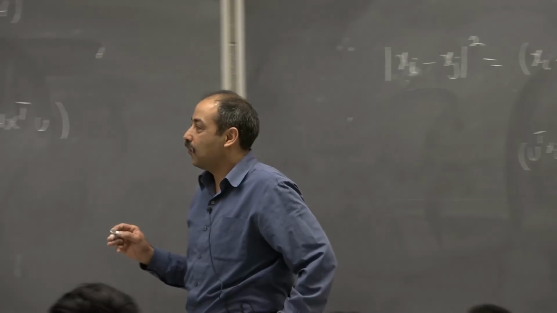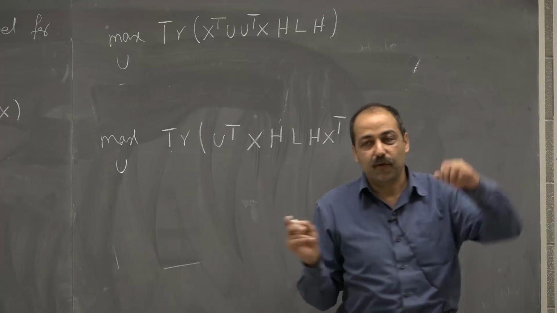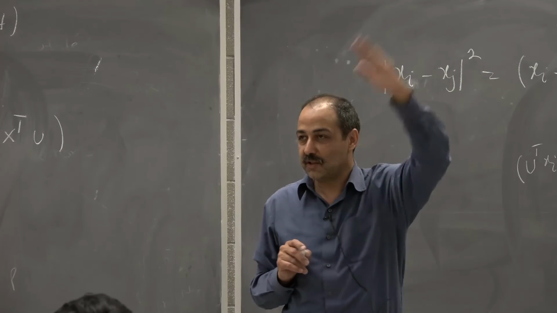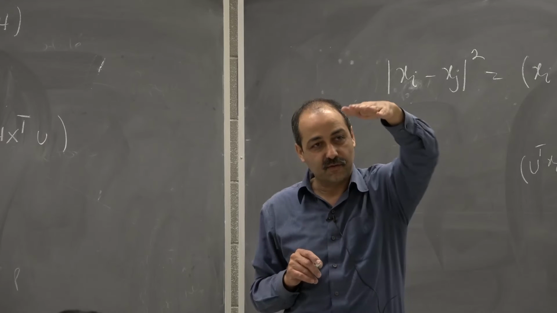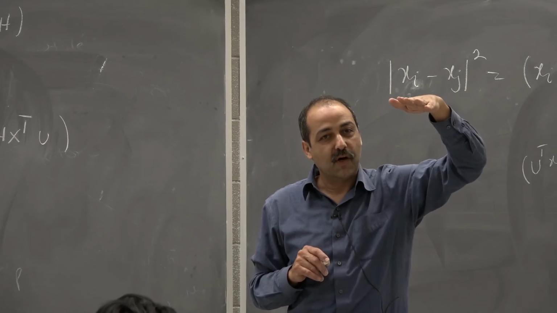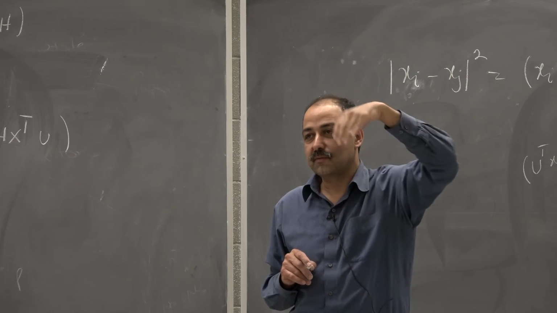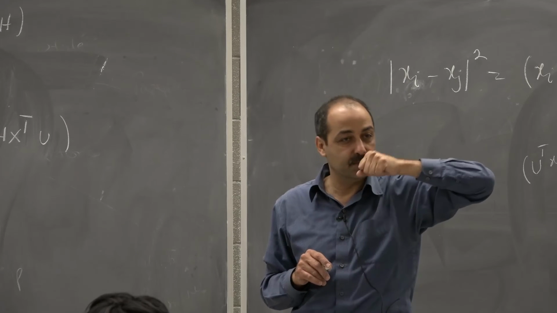We have a problem similar to the problem that we had in PCA. If you remember, in PCA we had two degrees of freedom. One was the direction of U, and the other one was the length of U. We could choose U arbitrarily large in terms of length, which could make our objective function large.